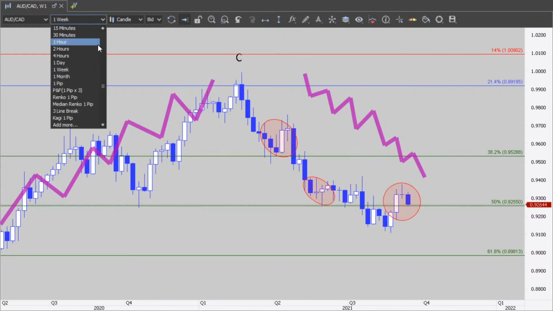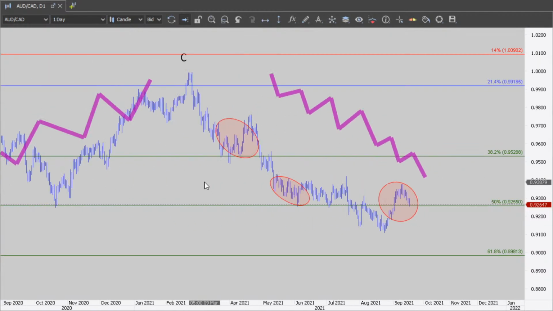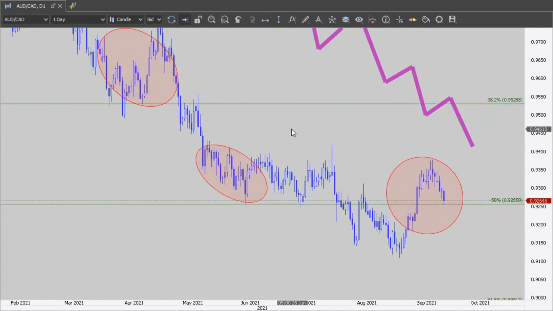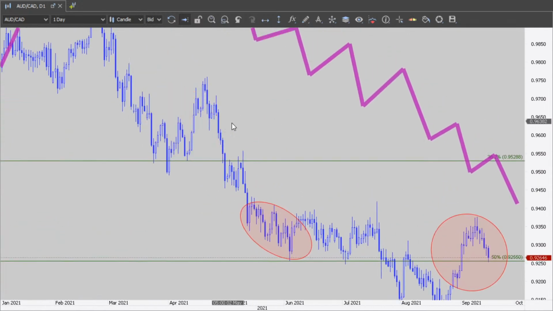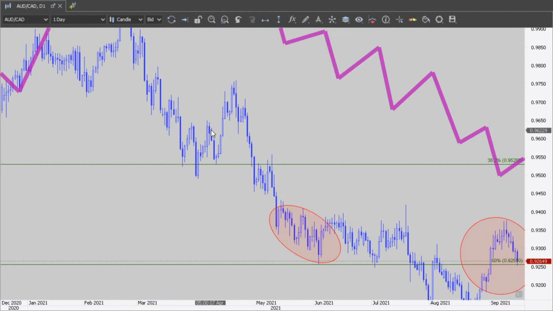Let's go to the daily, right? Let's see how the Fibonacci plays a role. See, everybody, this is the daily chart right now. You know, bullish candlestick formation on the daily.